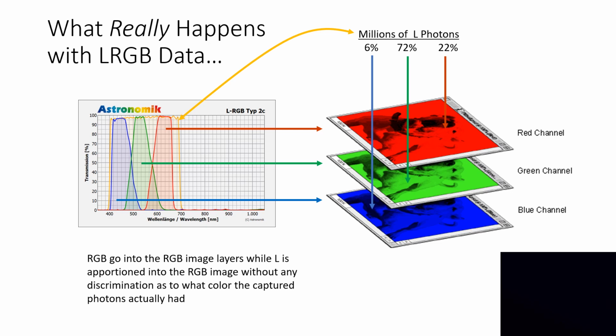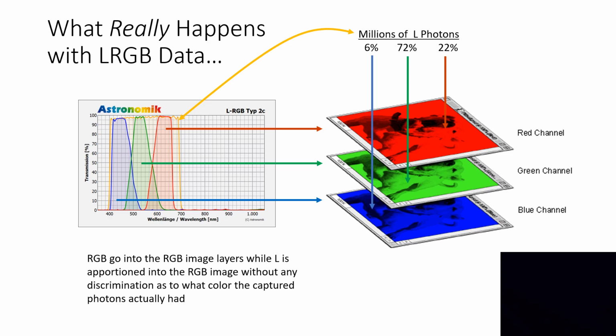If a photon comes in and is captured by the L filter, it would have been captured by at least one of these other filters as well. So the sum, red plus blue plus green, is approximately equal to the same number of photons we would capture in the same length of time with an L filter.